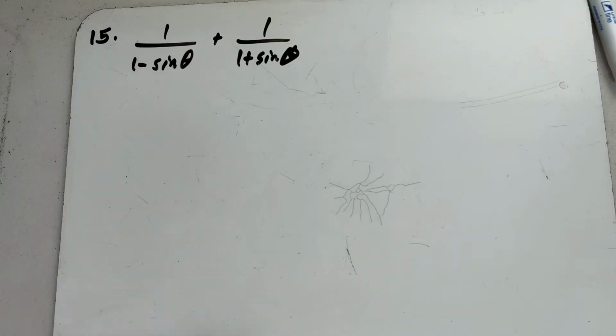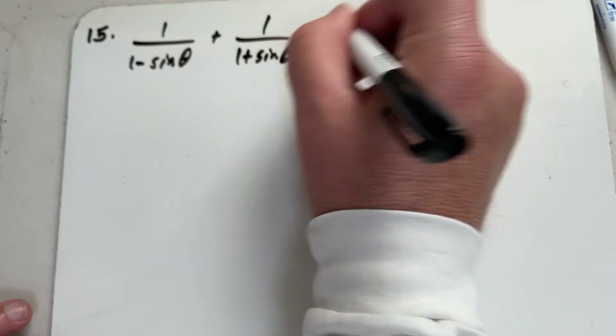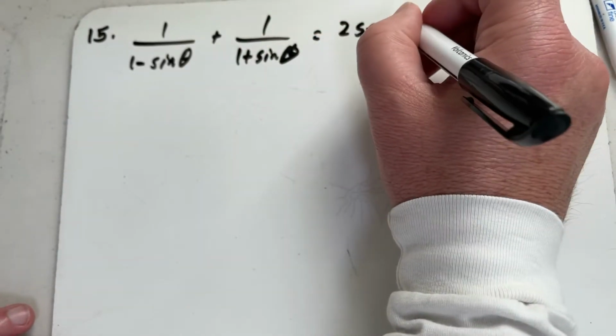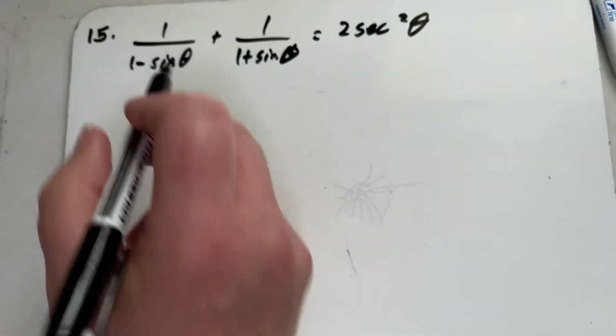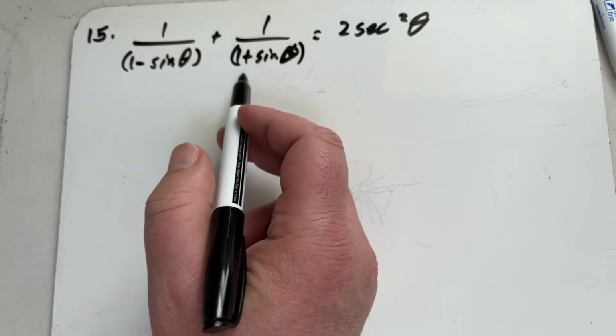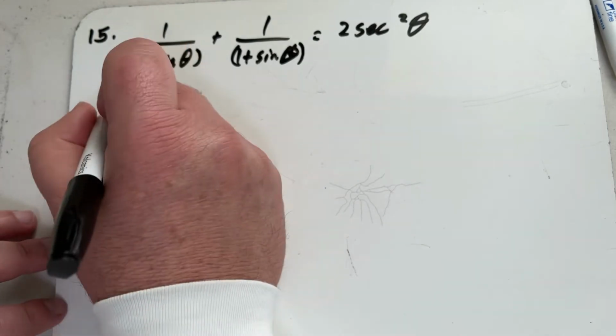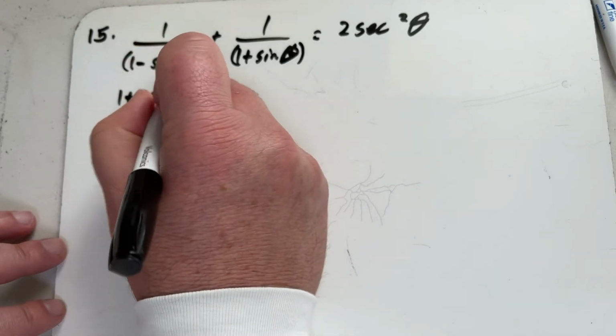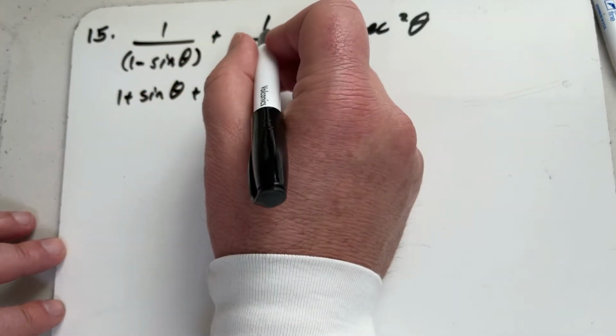Number 12, if you want to go back and look at that. That's the same problem here. All right, so here's our common denominator. Both of these multiplied together, so this one is missing one plus sign. This one is missing one minus sign.